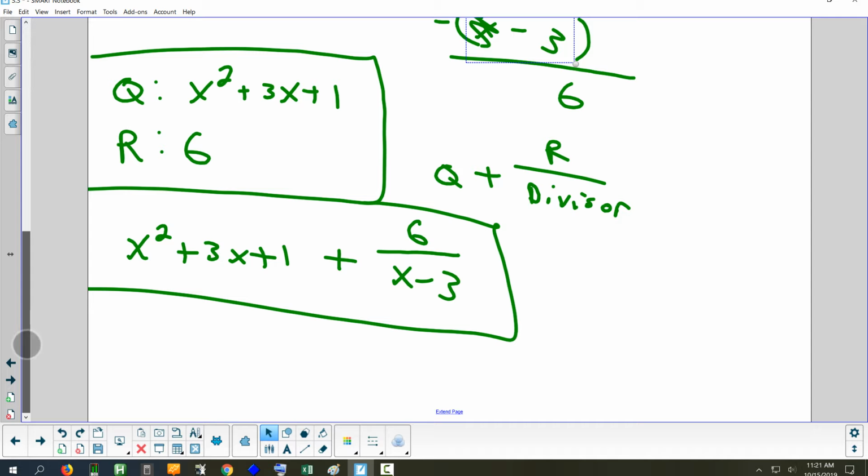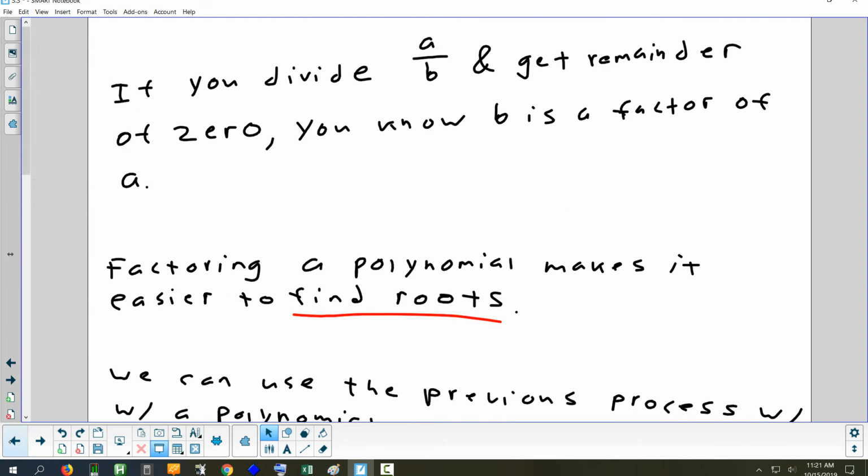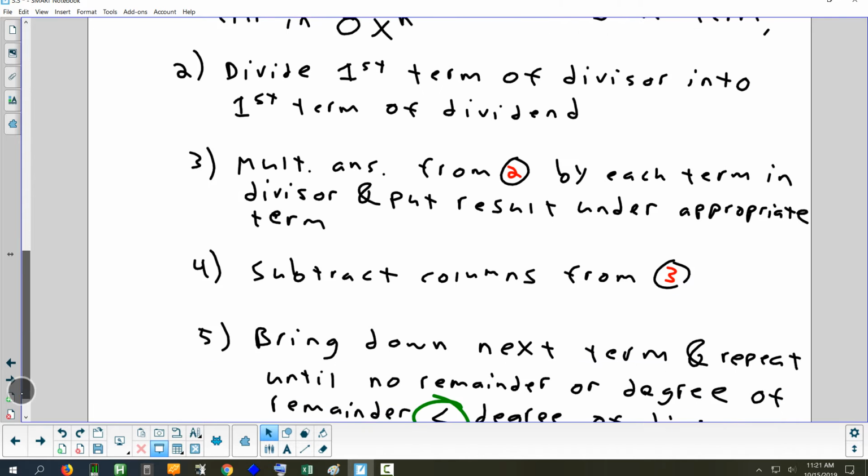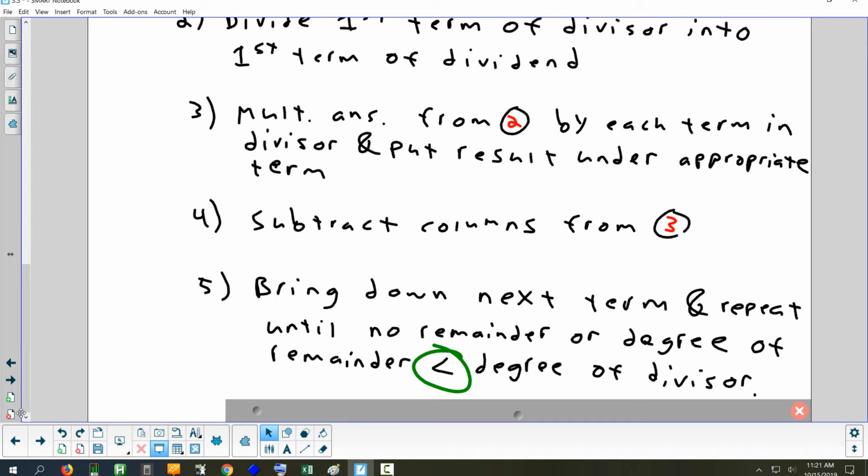Can you go back to the steps? Yep. Number 5. So the way we can check the answer is type in the original problem on the calculator, and then type in our answer. And if they look the same, then that means you did it correct.